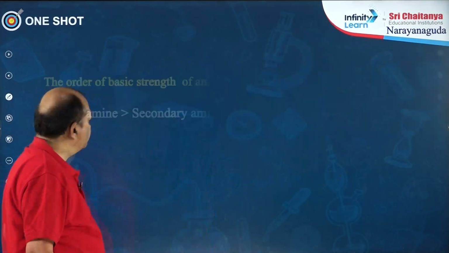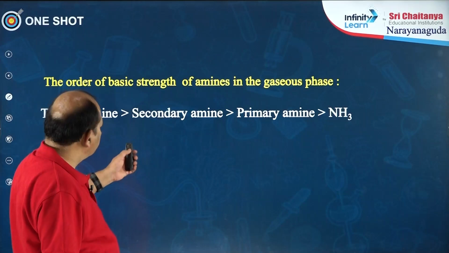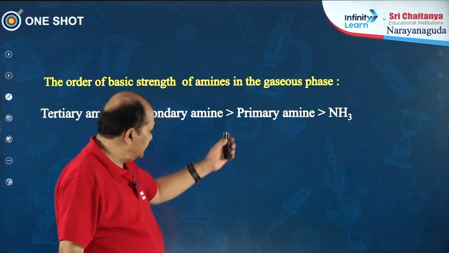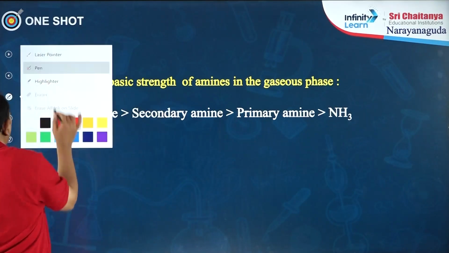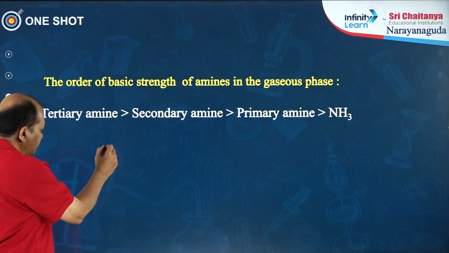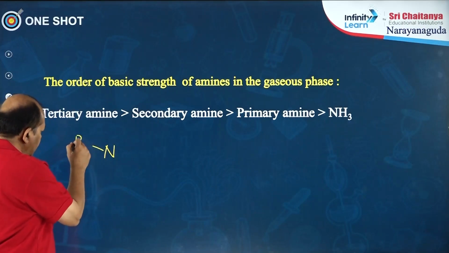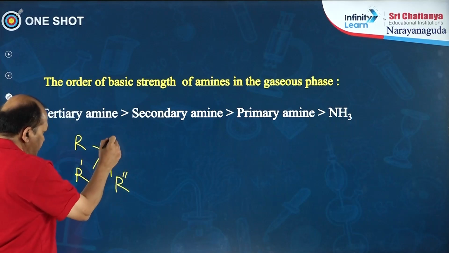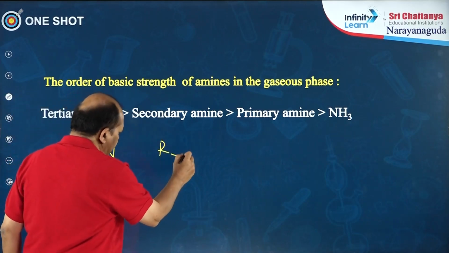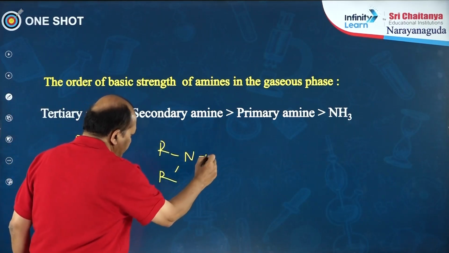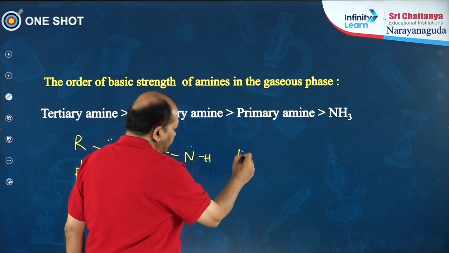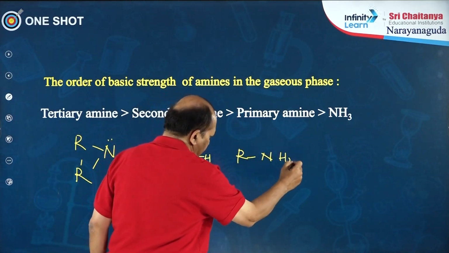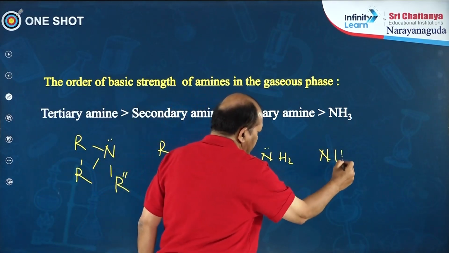Okay. We can have the comparison of basic strength of different amines in the gas phase. Okay. So, here a tertiary amine, nitrogen bonded to 3 alkyl groups, and a secondary amine, primary amine and ammonia.